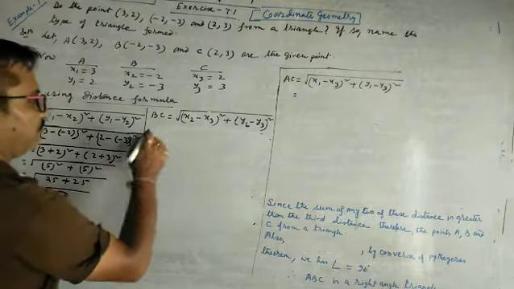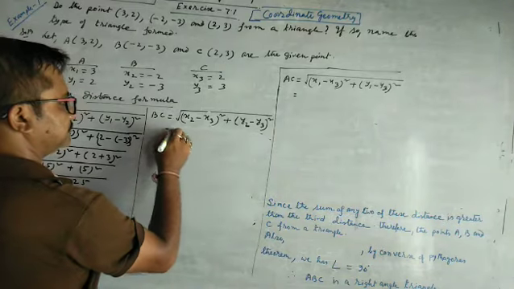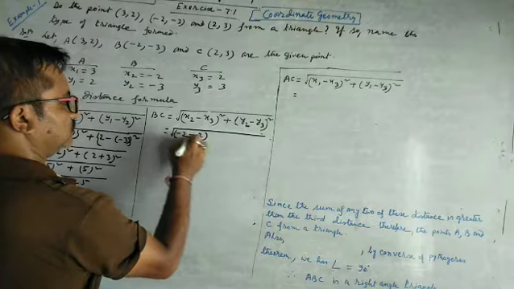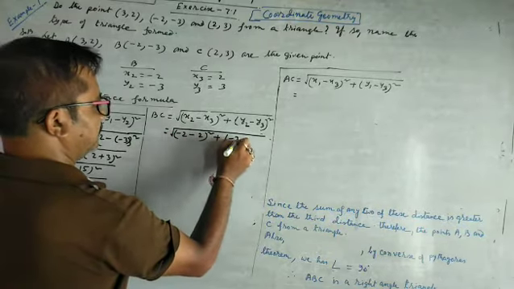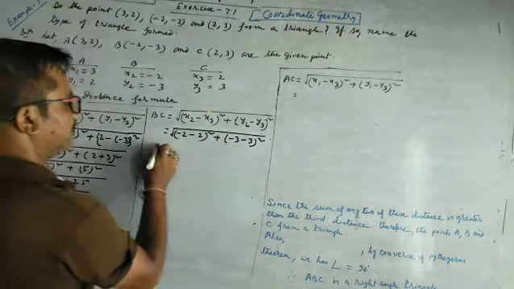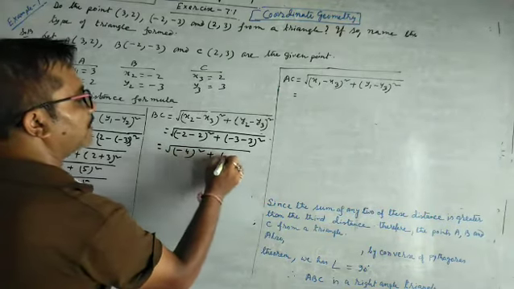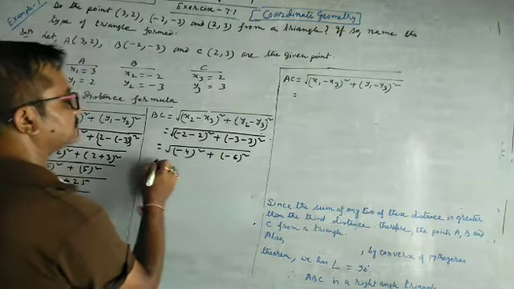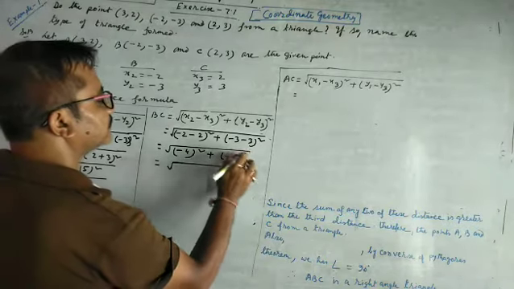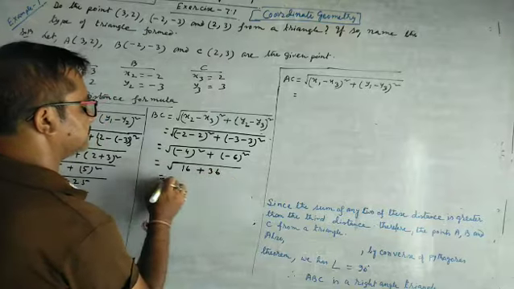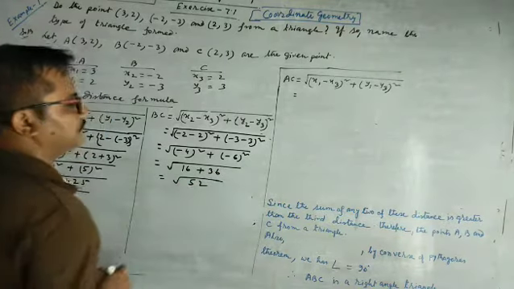Okay. Now BC, we find BC. Minus 2 whole square, minus 3 whole square, minus 2 minus 4, minus 6 whole square, 16, 36, root 52.